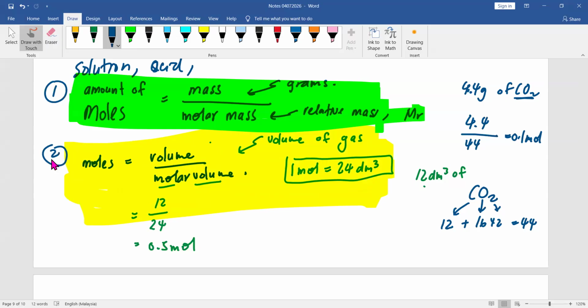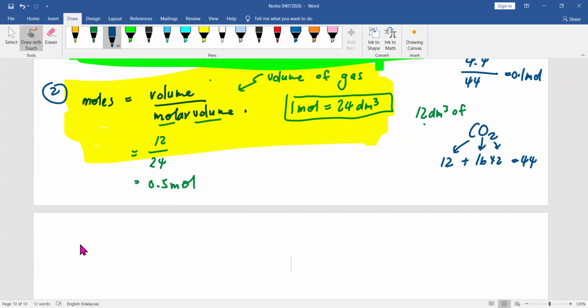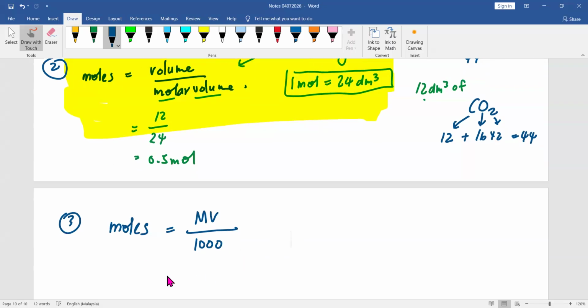Now, third formula, amount of moles is MV over 1,000. You might learn it slightly differently in school. You might learn it as CV in school. What happens here is this is only for an aqueous solution.